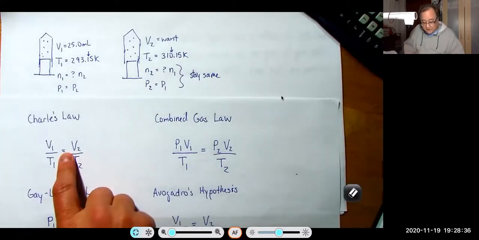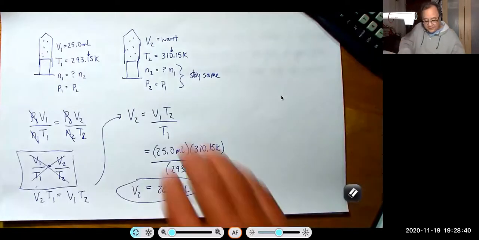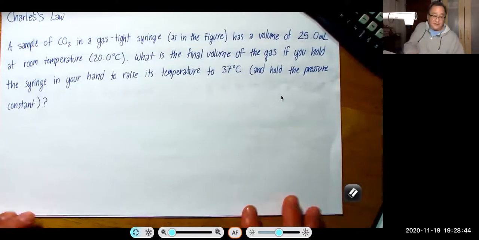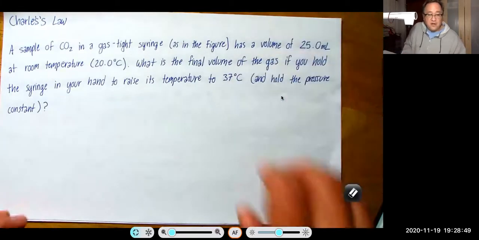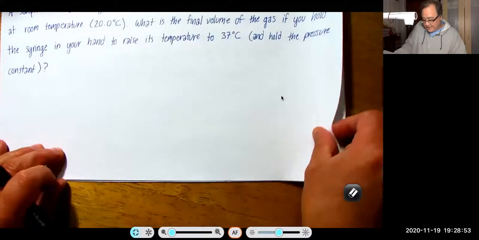So this appears to be a Charles' law problem. Well, let's take a look and see if indeed it was. And there it is. It's a Charles' law problem. Do we need to know the name of the law to be able to do it? No. So let's take a look at yet another problem.